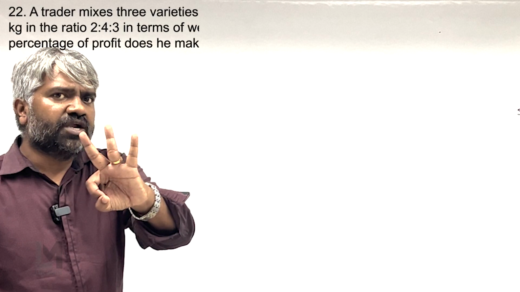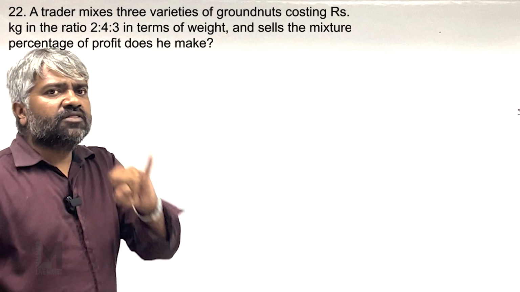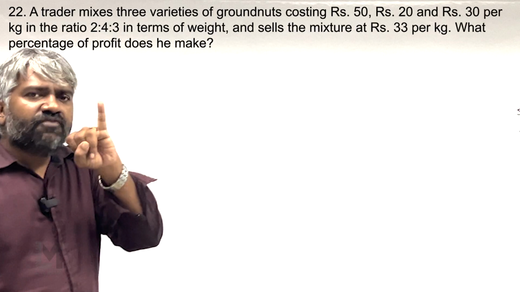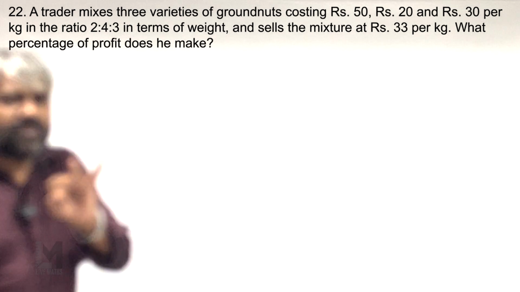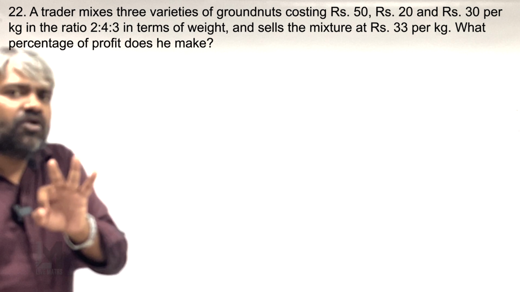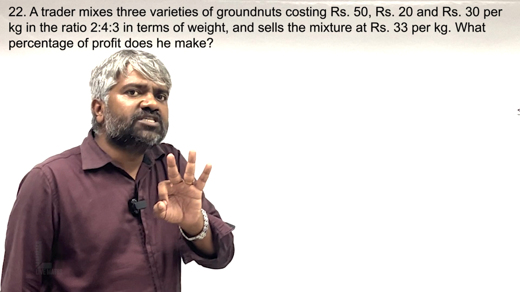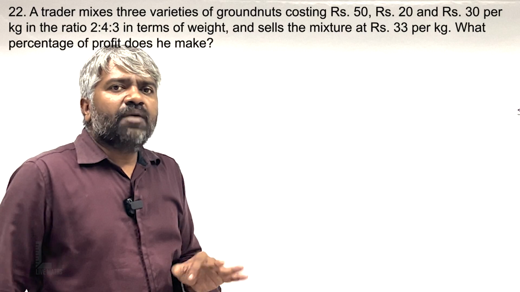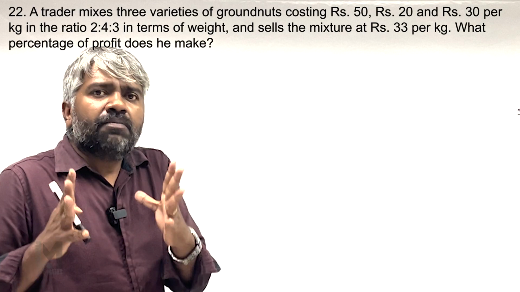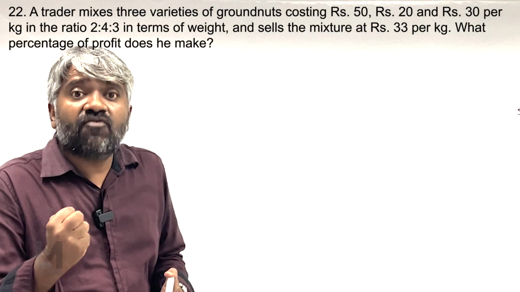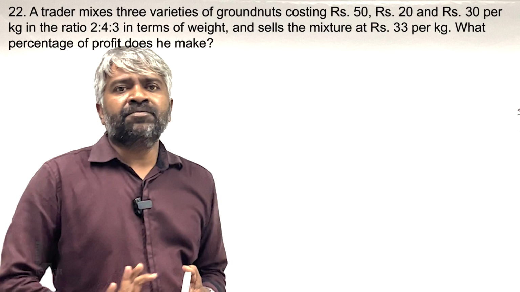Okay, a trader mixes 3 qualities of groundnuts. The first quality costs 50 rupees per kg, second quality costs 20 rupees per kg, and third quality costs 30 rupees per kg, right? Now I am going to mix them in the ratio 2:4:3 based upon the weight of the groundnuts which has been added, right?